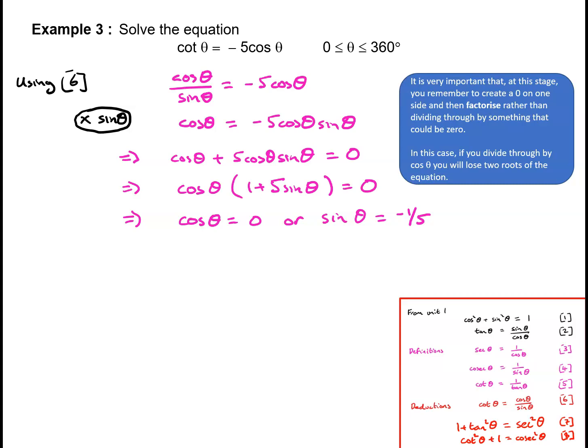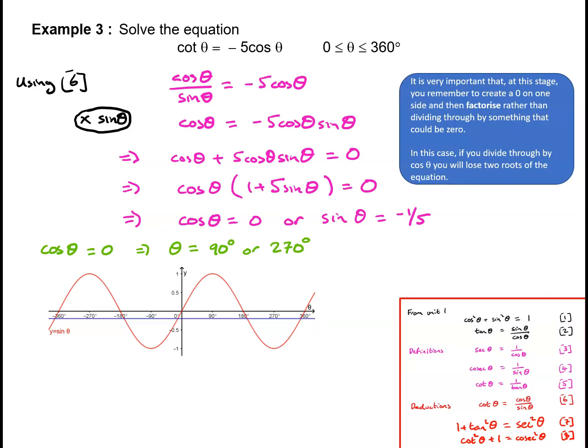Cos theta equals 0 gives me theta equals 90 or 270 degrees. Sine theta equals minus 1/5. Using a calculator to obtain one solution of the equation sine theta equals minus 1/5 gives us theta equals minus 11.5 degrees.